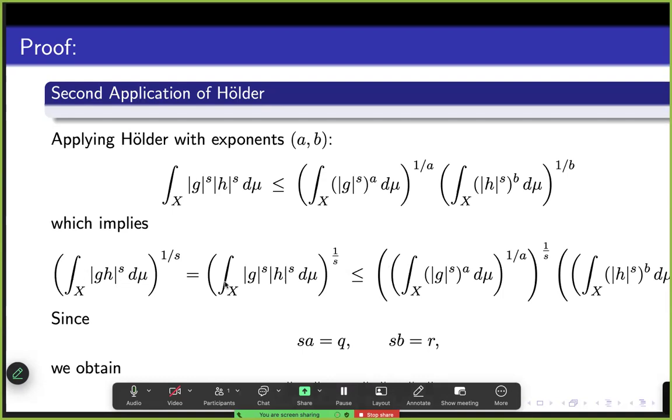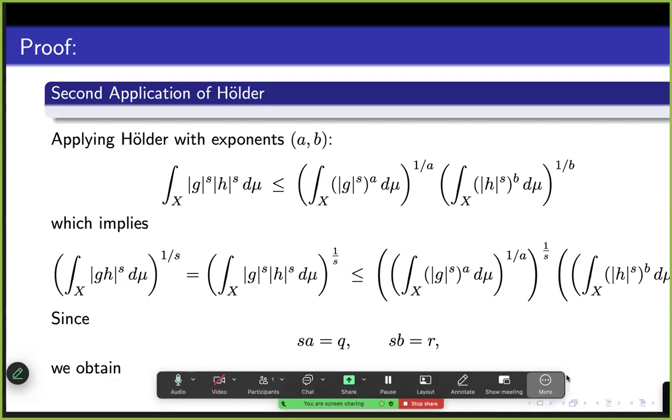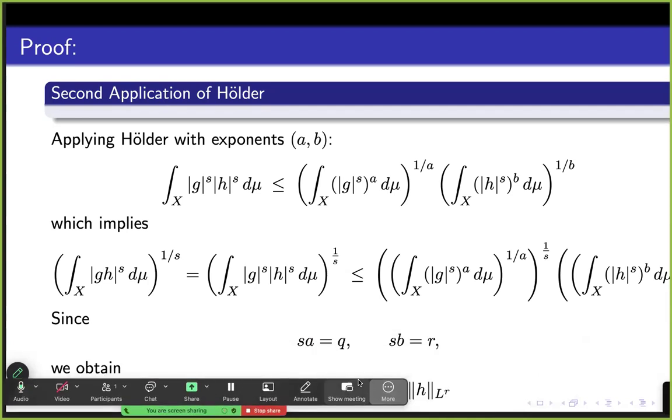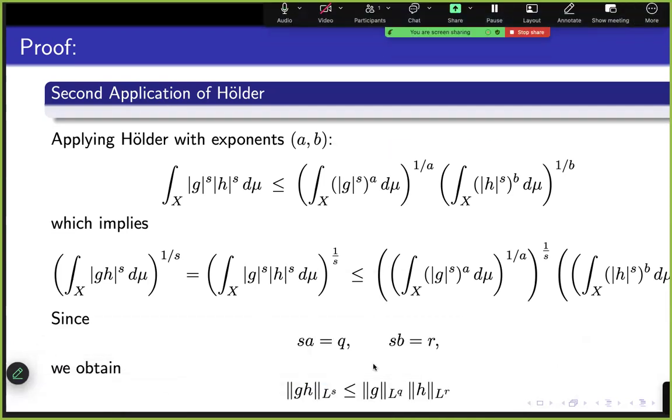From this, we can write that the L^s norm of gh is less than or equal to the L^q norm of g multiplied by the L^r norm of h.